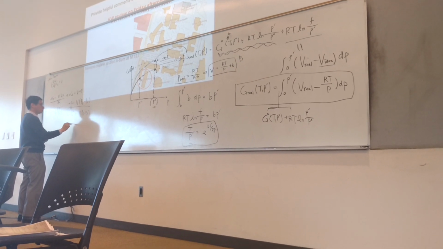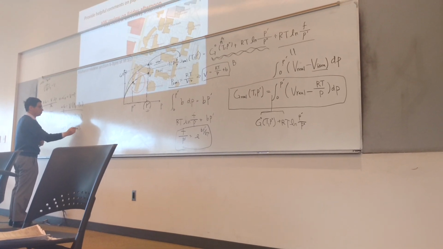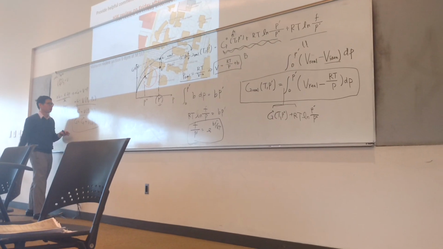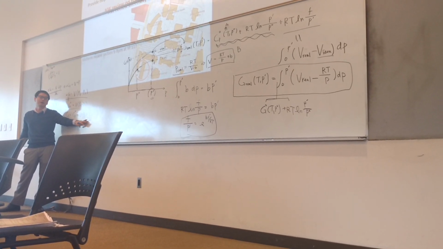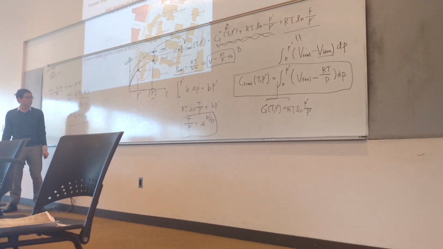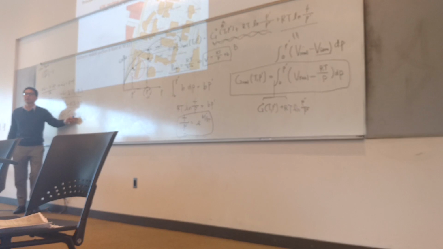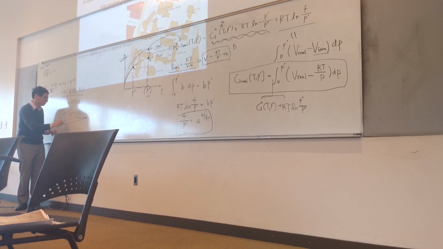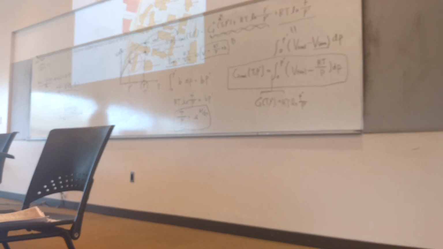Therefore G equals G naught plus V times P final minus P initial. So you have a similar format, but the second term is not RT natural log P over P naught, but V times P final minus P initial. And for the liquid and the solid, if you look into the values, this term is always much less than G naught. Therefore, in many textbooks, you just say G equals G naught for the liquid and solid case.